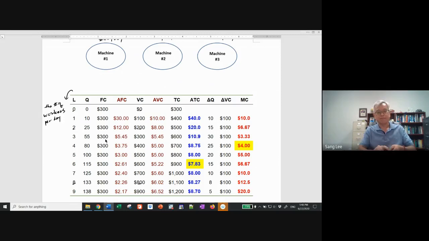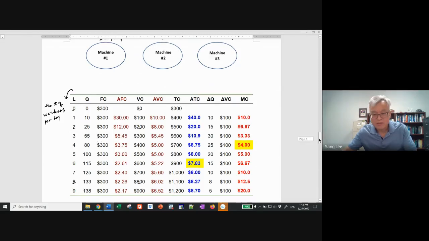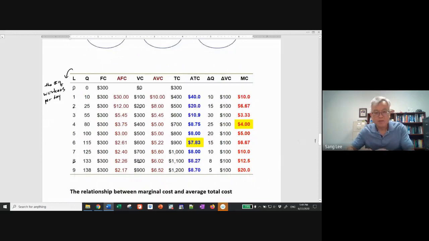All right. So now here, look at average total cost. Okay. So here what happens. If you look at average total cost, then what? Average total cost is falling as you hire more workers and produce more output.